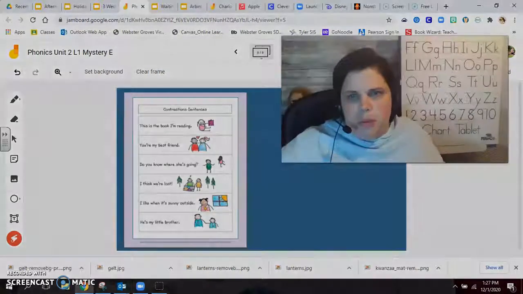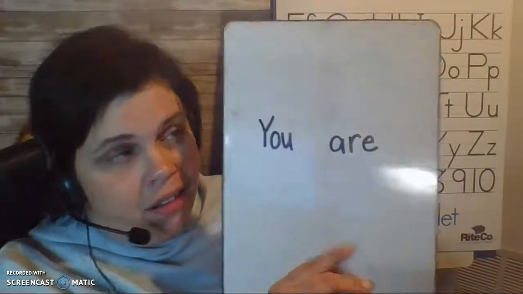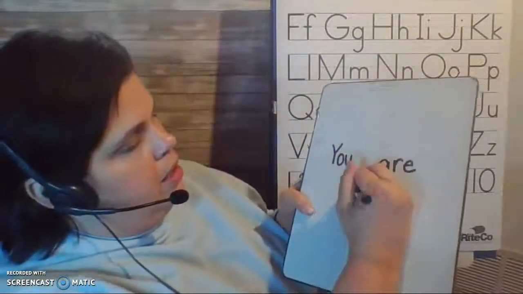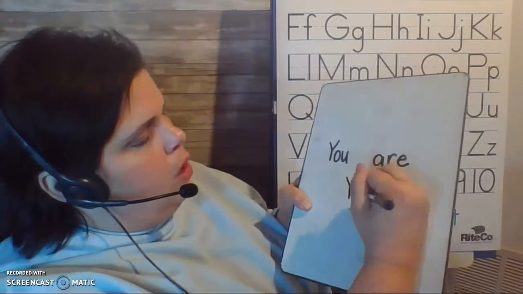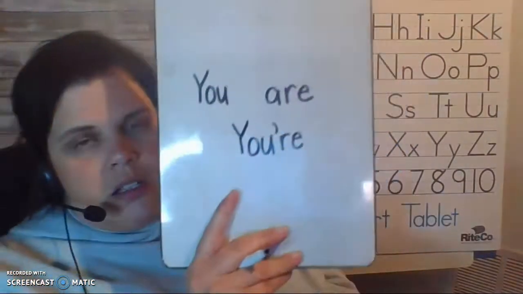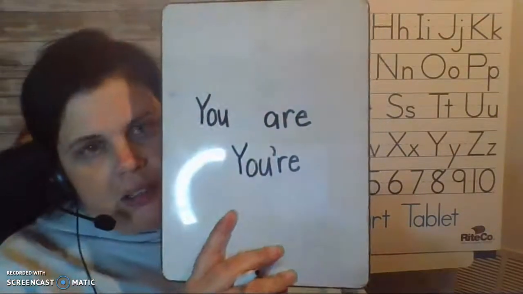I've got it written down on my board. Do you have it written on yours? Okay, here we go. You are. Yeah, if you wrote down you are, you're right. You are, the two words that we use to make the contraction you're. Excellent.